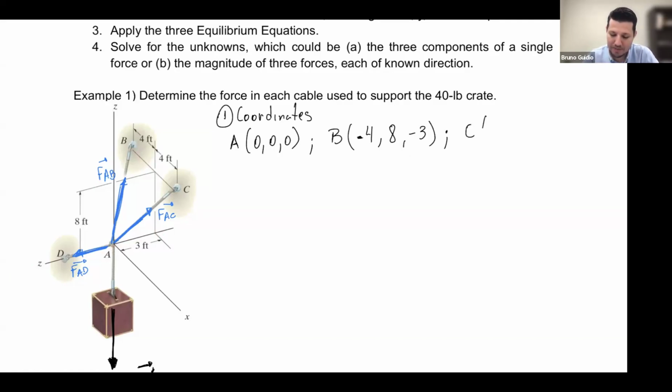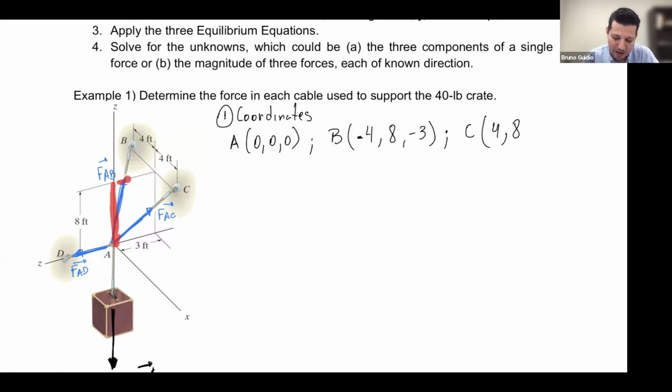What about C? It's the same thing here. In X, I have 4. However, as you can see here, this plane divides the right-hand side and left-hand side. Point C is on the right-hand side, meaning positive 4. Also, the dimension Y, the distance is 8.